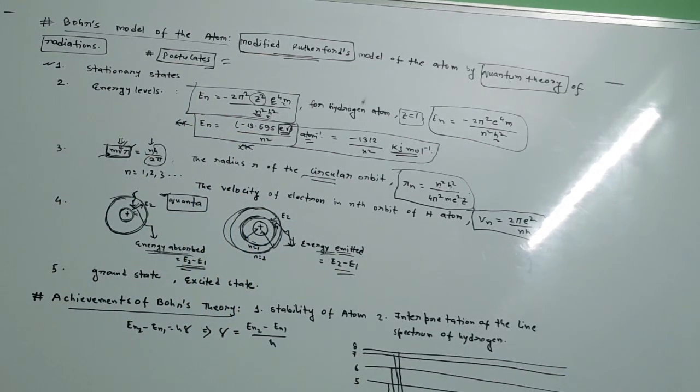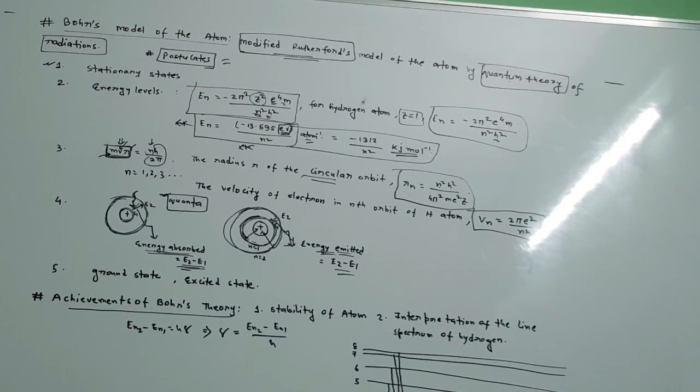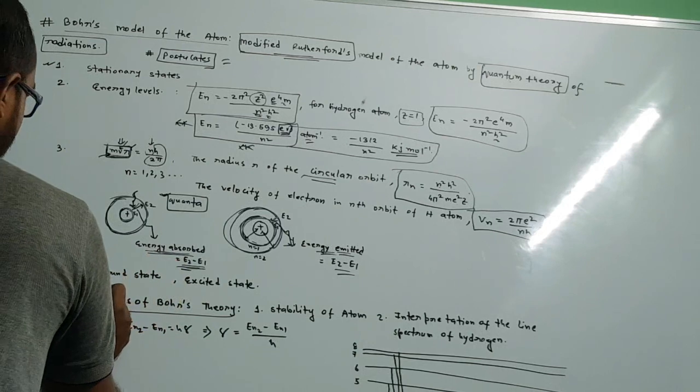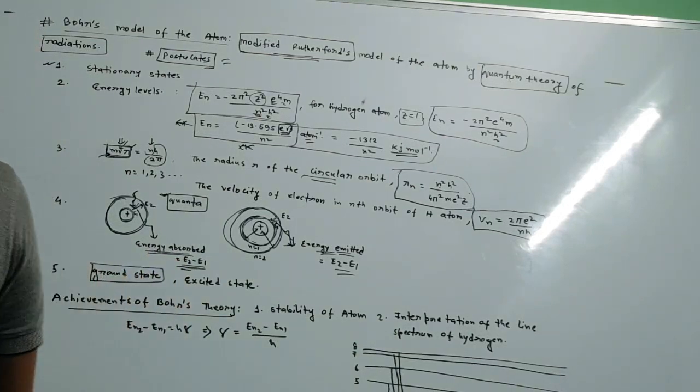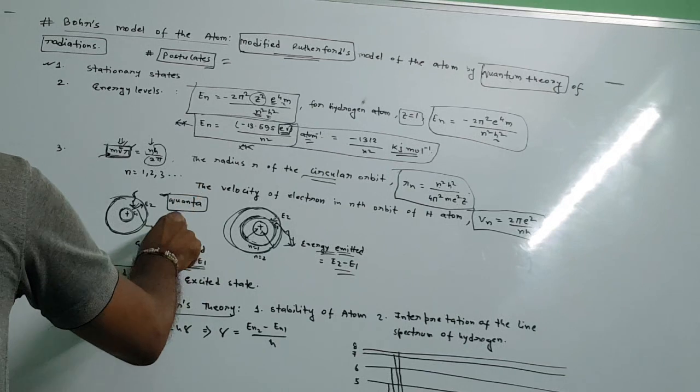Since energy cannot be lost continuously, an electron continues to move in a particular energy level without losing energy. Such a state of the atom is known as its ground state. In this state it does not lose energy continuously; it loses energy in the form of packets, or absorbs energy in the form of packets or quanta.